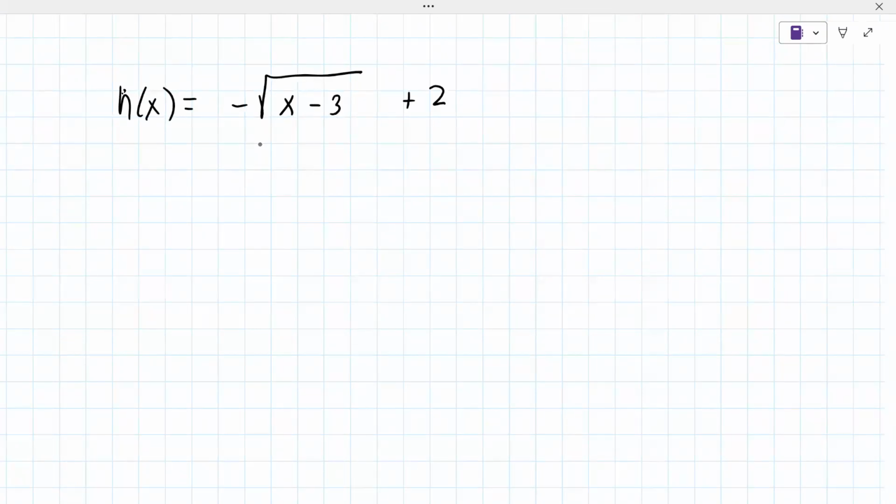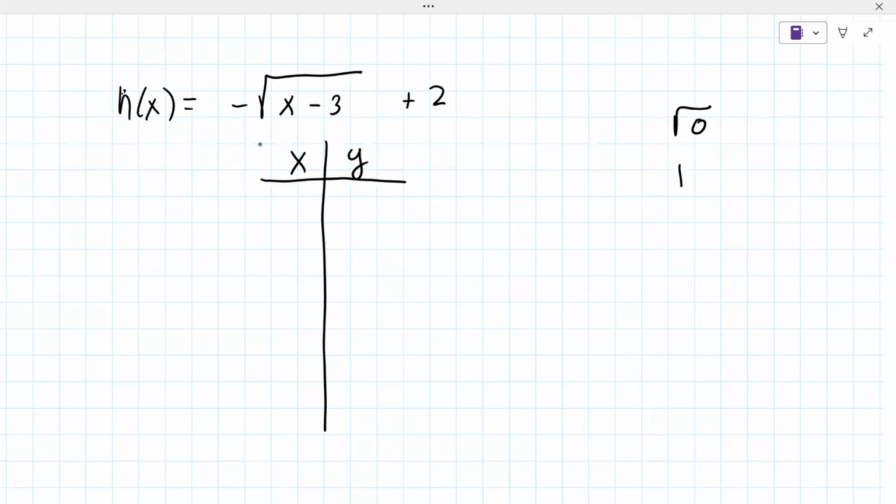Okay. Let's go h of x equals negative square root x minus 3 plus 2. So I want you, well, we can do it together here. Let's fill in the tables. 0, 1, 4, and 9.